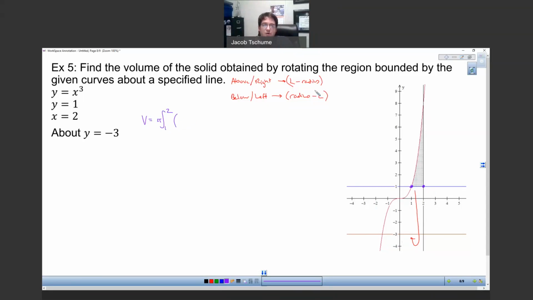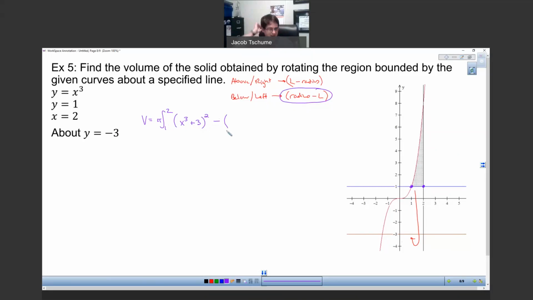Remember, your outer radius is going to end up being this general formula. You take the outer radius, which is the cubic function, x cubed, and subtract the line you're rotating around. Since you're rotating around -3, when you subtract a -3, it becomes +3. So that's going to be squared.